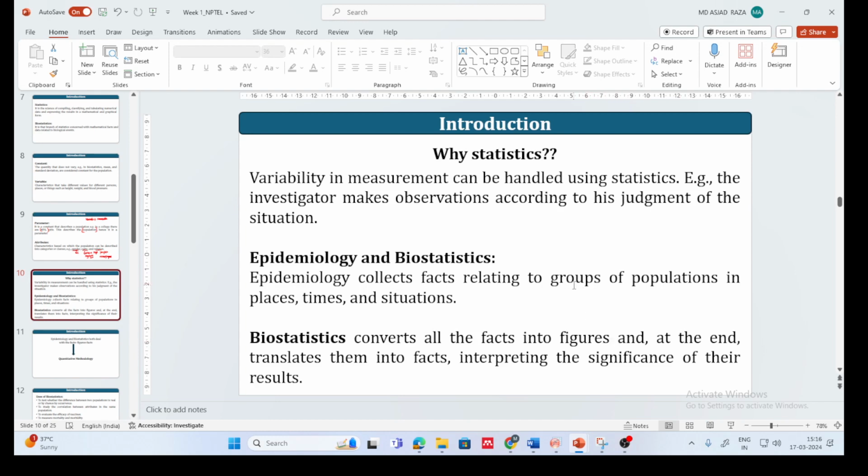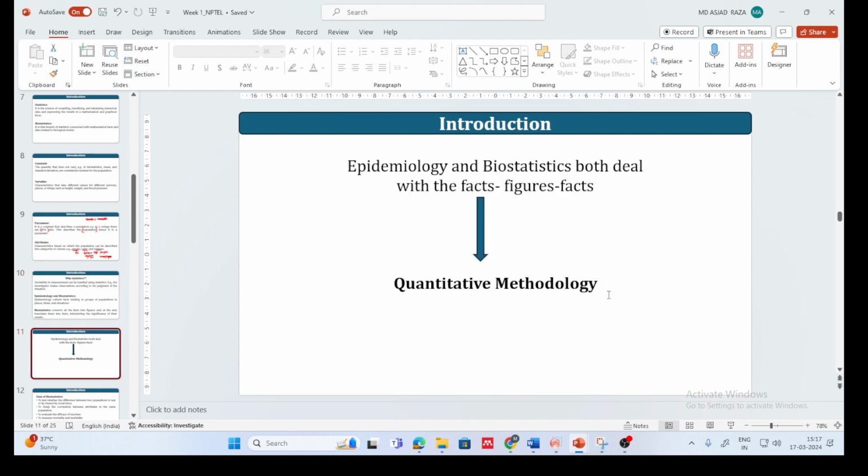Say COVID was there, and if we are doing drug manufacturing, it will come under biostatistics, as we are taking the significance effect. And if we are doing some analysis for epidemiology, like the Ebola virus in 1920, or now the COVID virus, that will come under epidemiology.